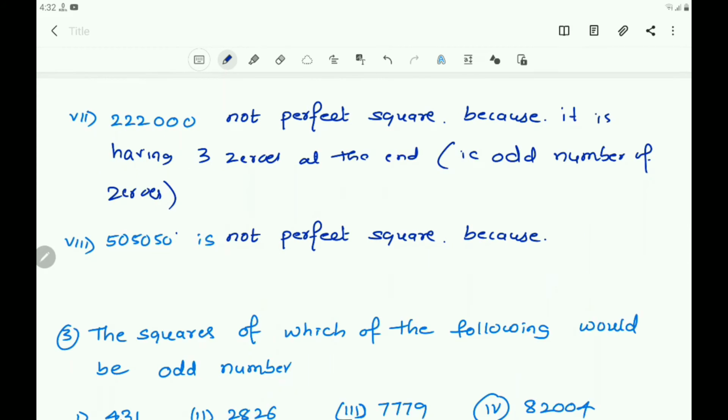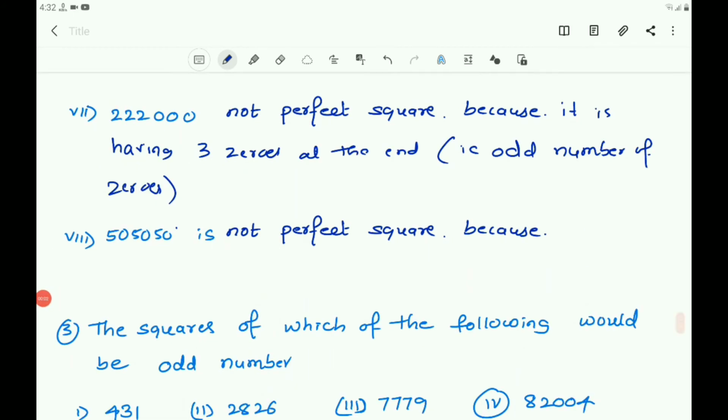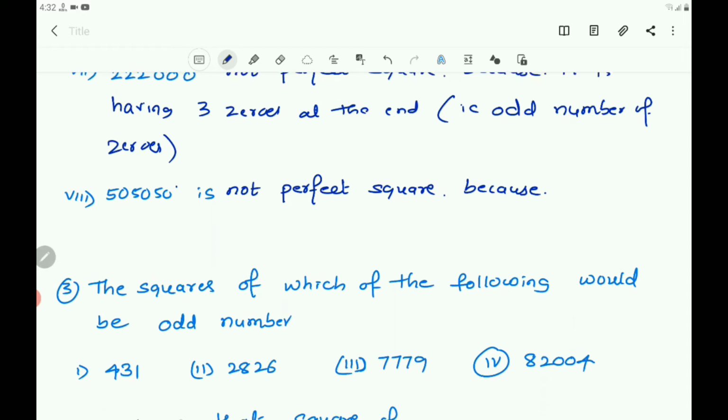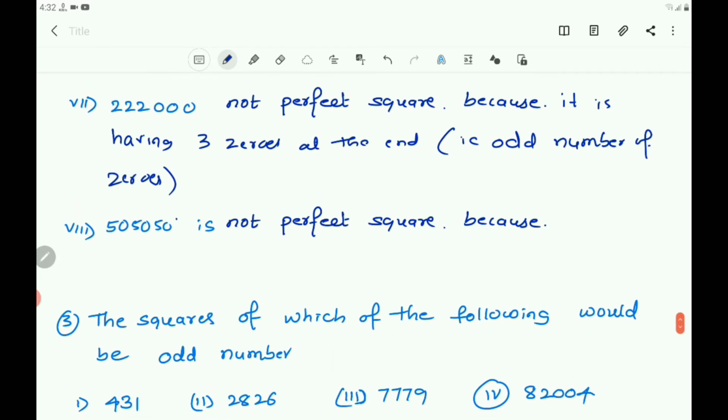Next one is 5,05,050. It is not a perfect square because there is only one zero at the end. It has an odd number of zeros.